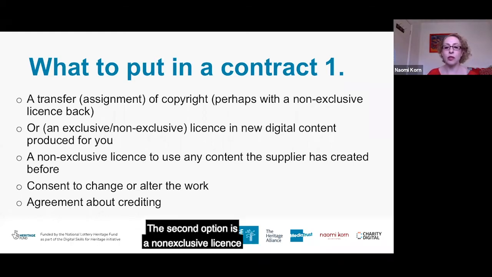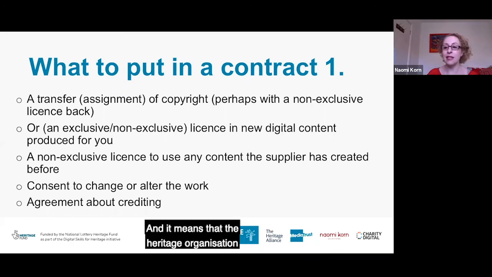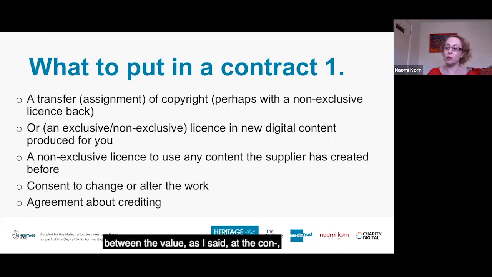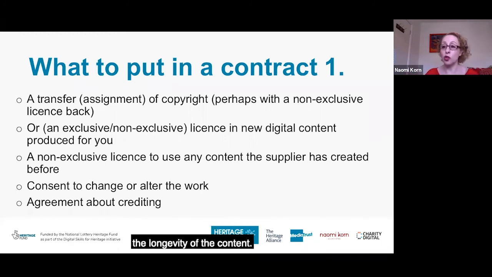The third option is a non-exclusive license that could be granted to the heritage organisation. A non-exclusive license is less valuable than the other two. Arguably, it should be cheaper, therefore, than the other two as well. And it means that the heritage organisation can use the work in the ways they want, as can anybody else. So here there is a really interesting relationship between the value of the content that's been commissioned, how confidential it is, how much you all need to use it, and the longevity of the content.